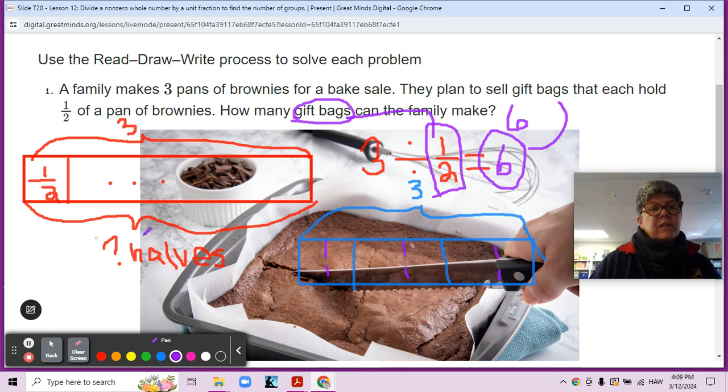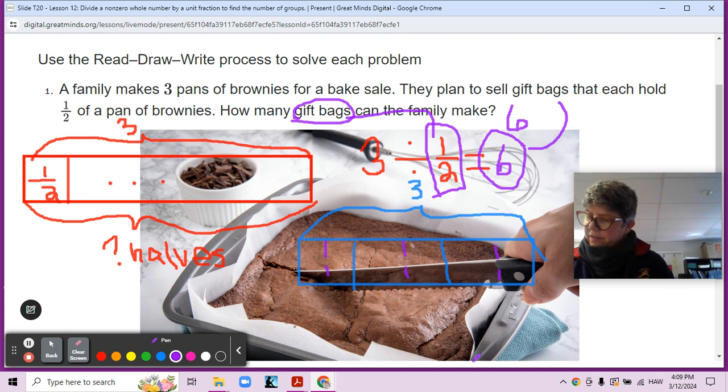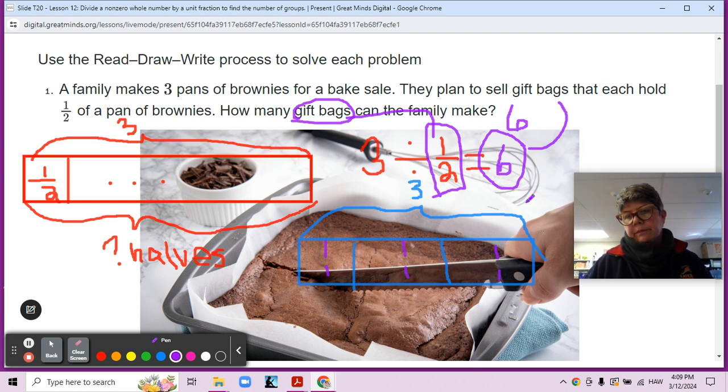Why did we do the second tape diagram? This one is helping us to understand the problem and what they're asking. This one is helping us to solve the problem. All right. Why is the quotient greater than the dividend? Why is 6, the answer, bigger than 3? Because we're checking how many halves are inside of 3, and there are, because we cut them in half, right? So there's 6 of them.